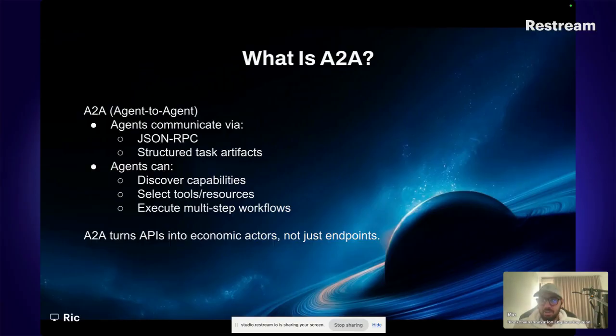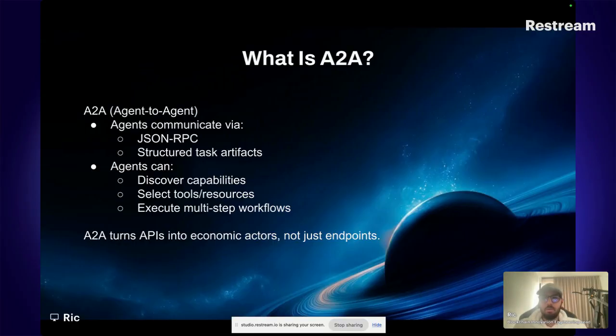Again, agents can discover capabilities. They can search for other agents and other services that expose the card with the metadata. It shows what the capabilities are of a specific other agent in the same discoverability interface.